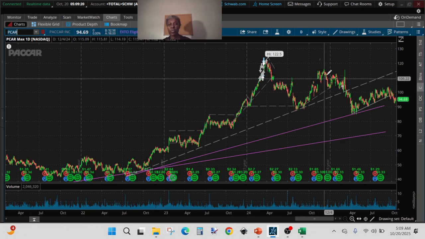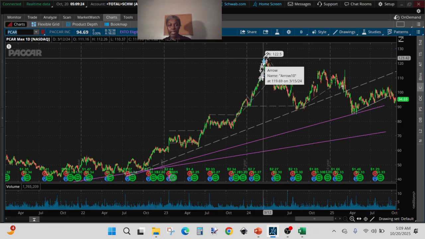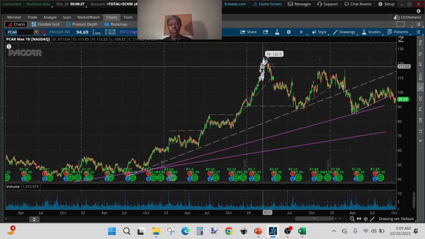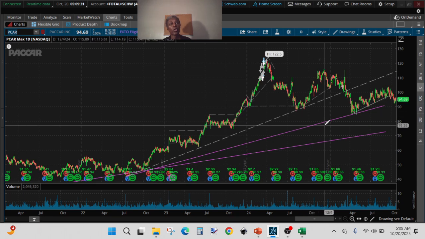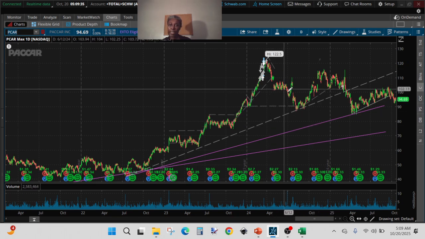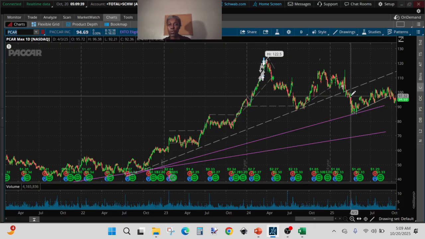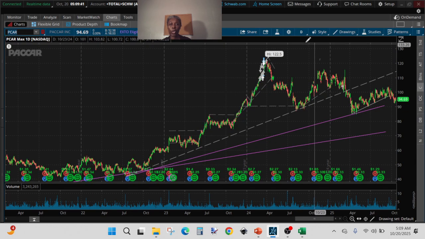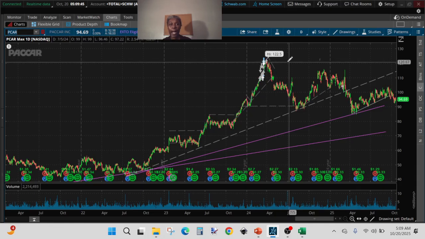So at this point, we could say that it changed, at least the terminology that I like to use is pulling back, probably to the support line. So when you are looking at it, it changed direction, and so far it has not gone higher to surpass this highest peak yet.